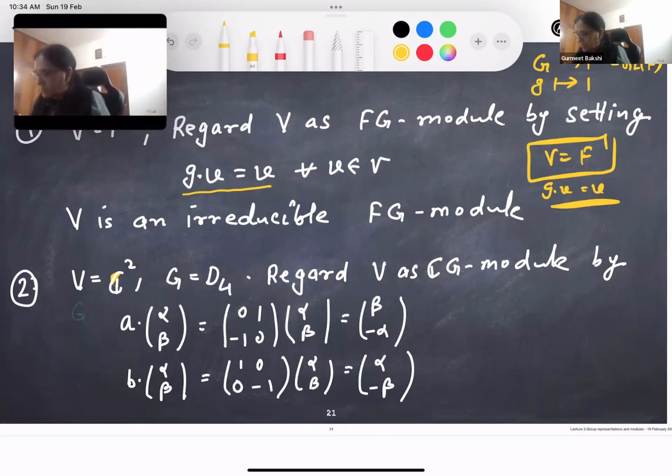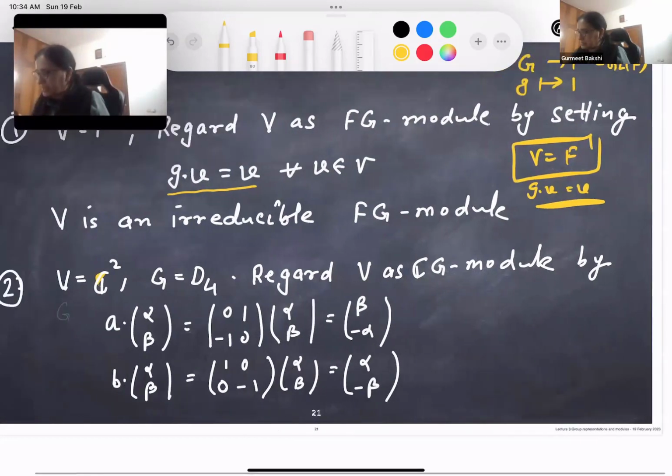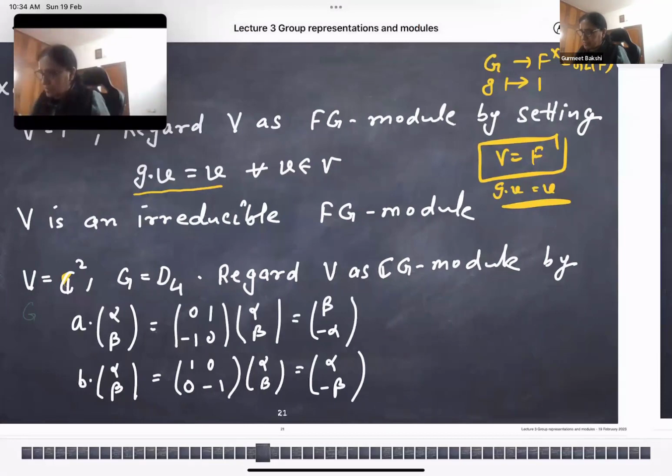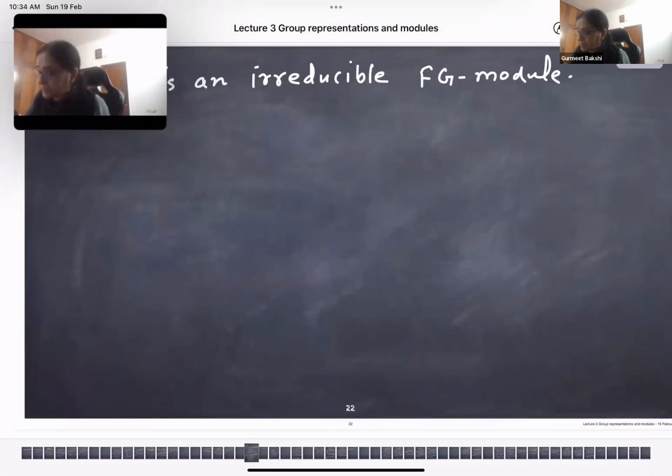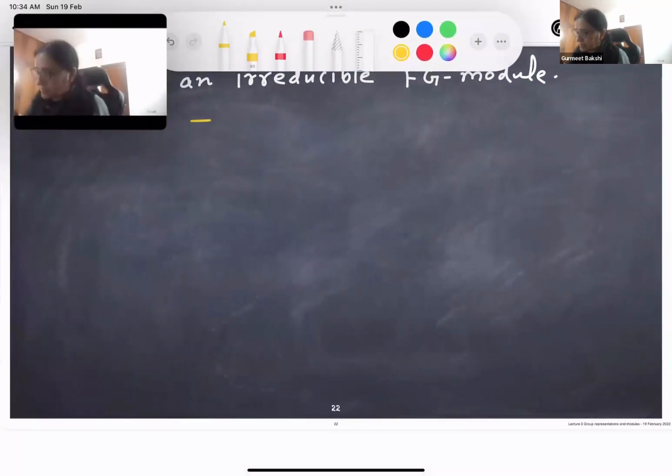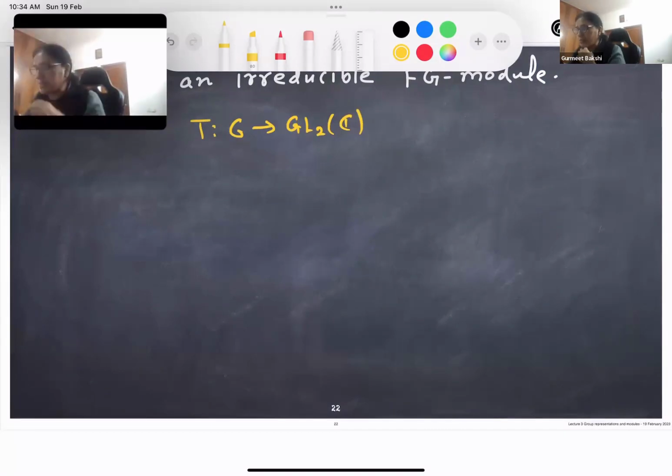Okay, so now look at the representation of D4 which we saw yesterday. We saw a degree 2 representation from G, maybe over the complex numbers, or over the reals, anything will work.